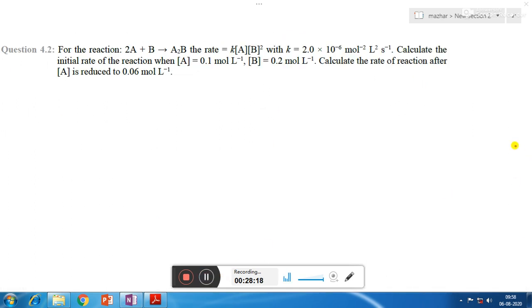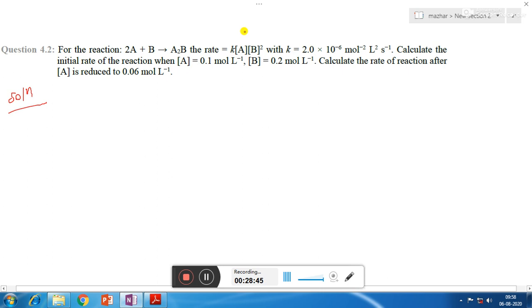Now in number 2 of the exercise we have, for the reaction 2A plus B gives A2B, the rate equal to K into A into B raised to 2, with K equal to 2 into 10 raised to minus 6 mole raised to minus 2 liter raised to 2 second inverse. Calculate the initial rate of reaction when A equal to 0.1 mole per liter, B equal to 0.2 mole per liter.